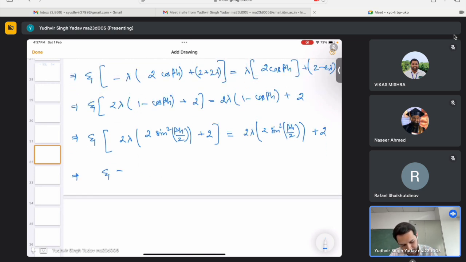So from here we will get that ξ is, taking 2 common on both sides, which will cancel out, (1 − 2λ sin²(βh/2)) divided by (1 + 2λ sin²(βh/2)).